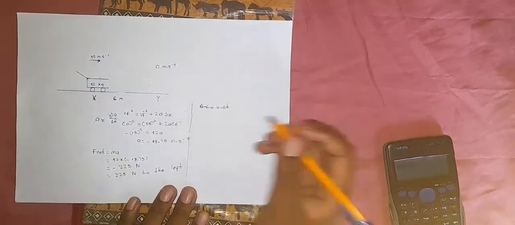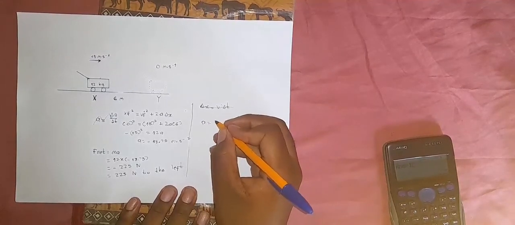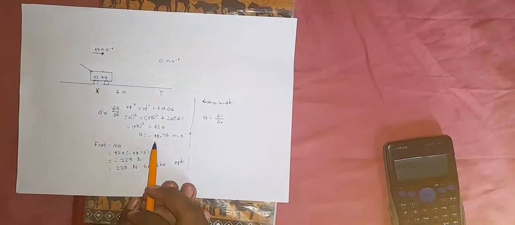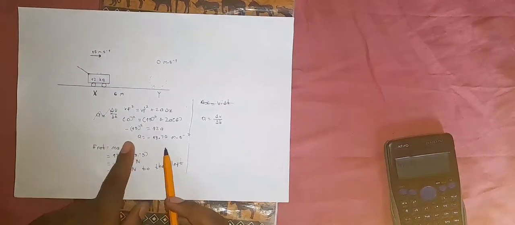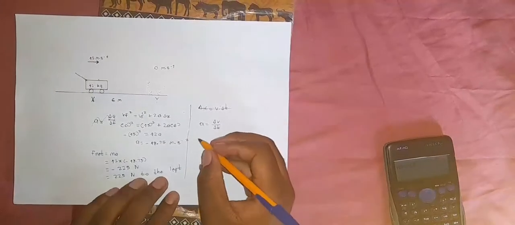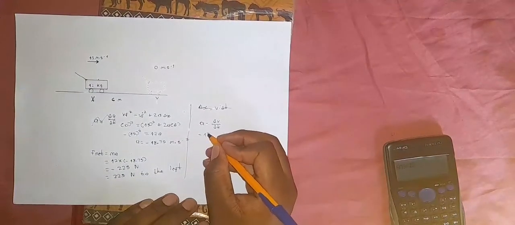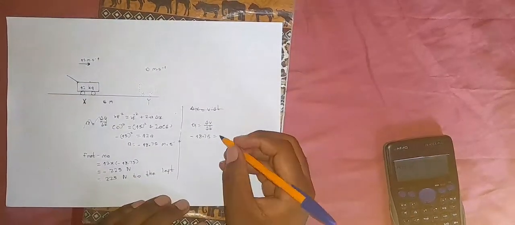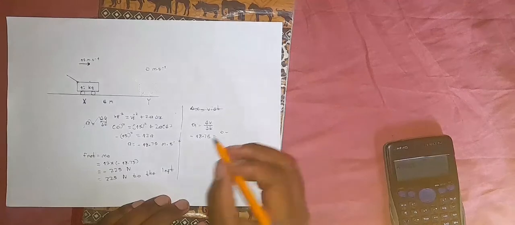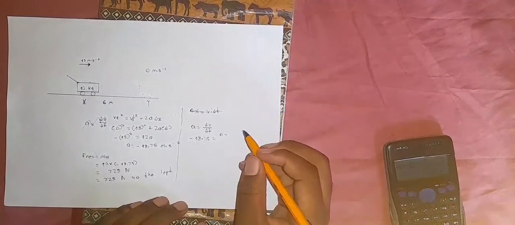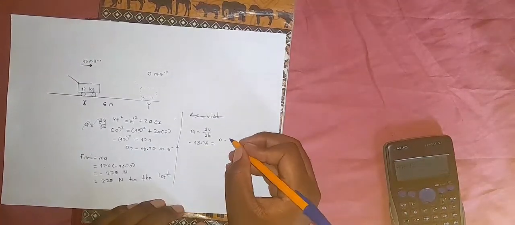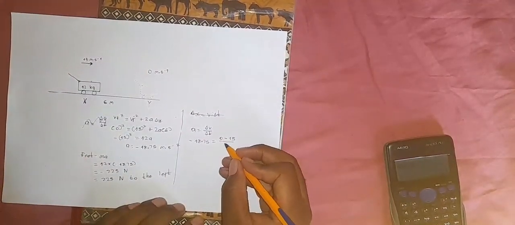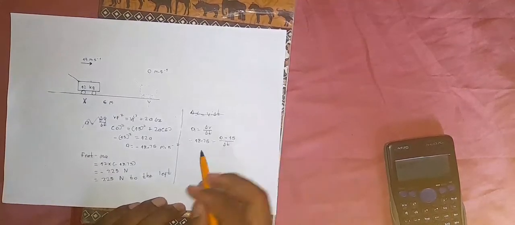We can say acceleration is equal to change in velocity over the change in time. So we found the acceleration already. We can say minus 18.75 equals V final, which is 0, minus V initial, which is 15. I chose to the right as positive here, so this is over the change in time. Let's cross multiply.